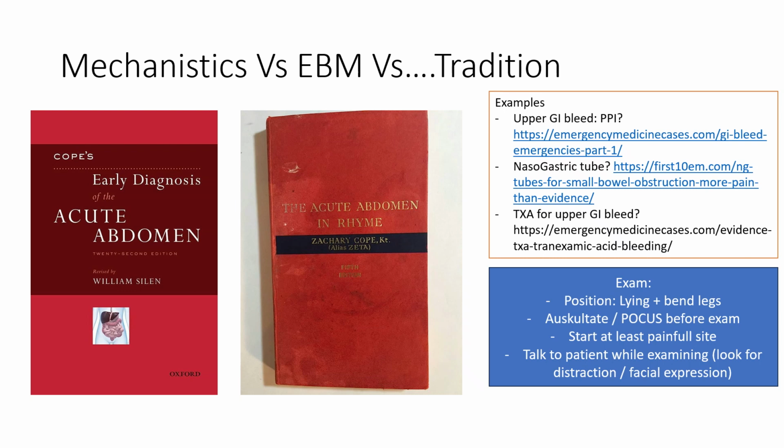Okay, so it's important. It's a tightrope that we walk sometimes with our colleagues because we come from different traditions, right? Another one is an internal discussion, usually the nasogastric tube. Should this potential bowel obstruction patient or upper GI bleed patient or whoever, they usually want us to give a nasogastric tube.